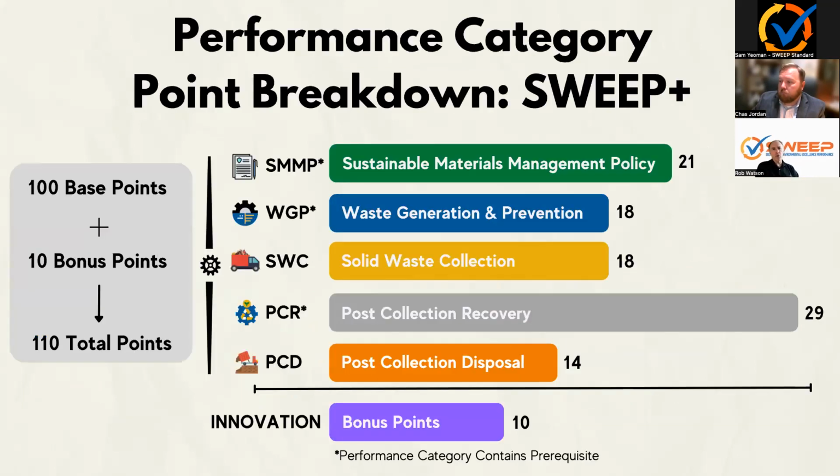So just a very quick breakdown of SWEEP. We have 5 categories. The first 2 are focused on sort of paper, if you will. So making sure that the policies are in place, that the intent has been established, that your framework for gathering and analyzing data is consistent and established.